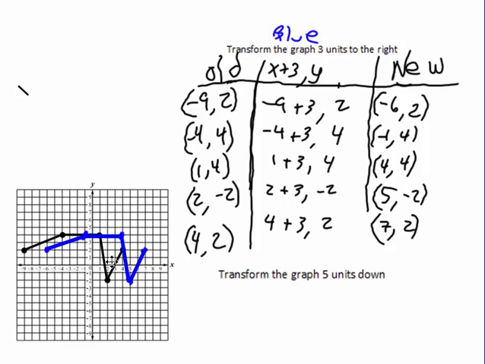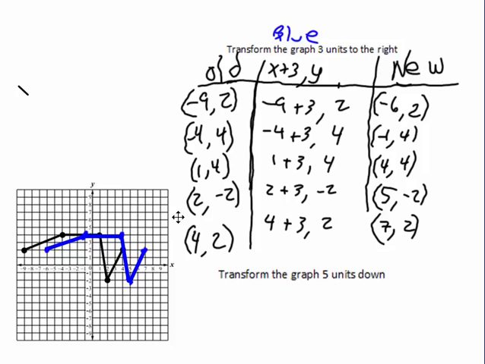And yes, essentially, we could have just counted those points over, right? 1, 2, 3, here's my first one. 1, 2, 3, there's my next point. 1, 2, 3, and 1, 2, 3. The reason I want to use this chart is for two reasons. One, I want to keep myself organized. I want all of my work to be very organized. Two, it's going to get very complicated very quickly.